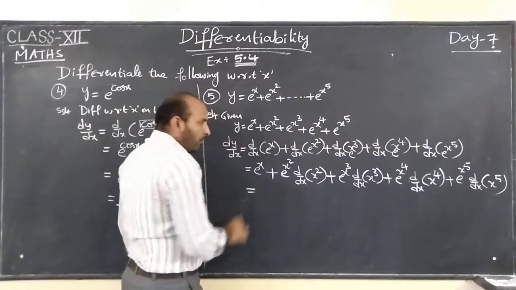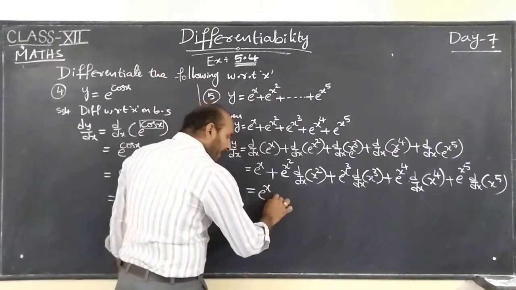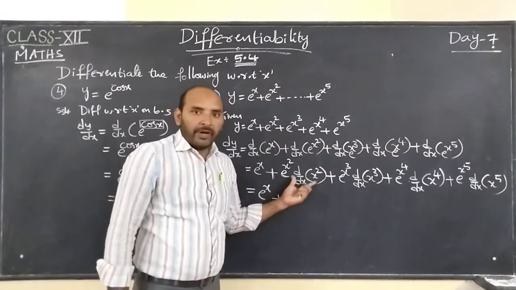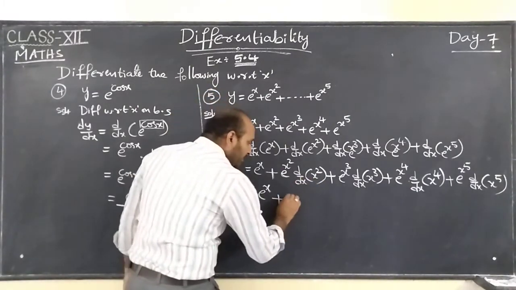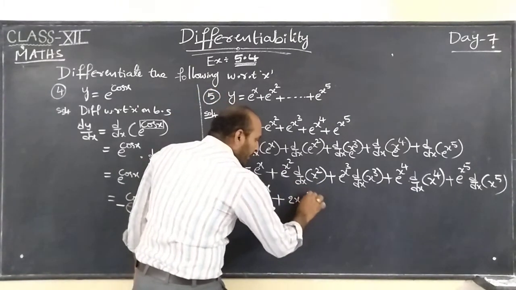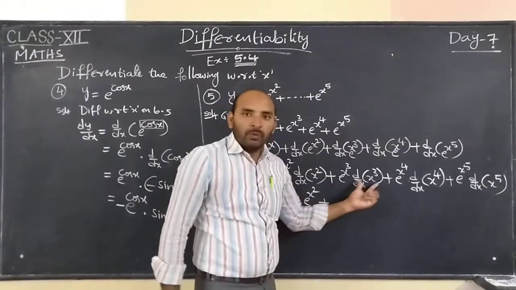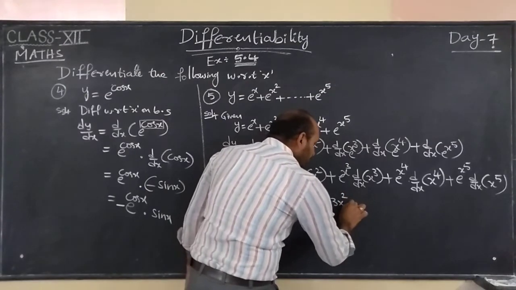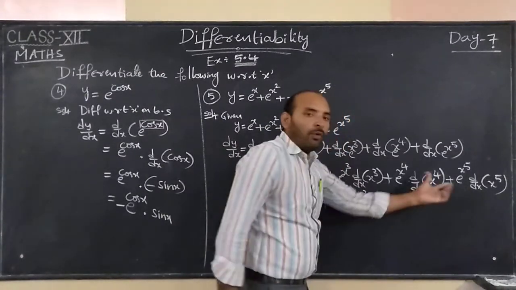So which is equal to e power x plus, derivative of x square, x power n formula, n into x power n minus 1, is 2x into e power x square plus 3x square into e power x cube plus derivative of x power 4.